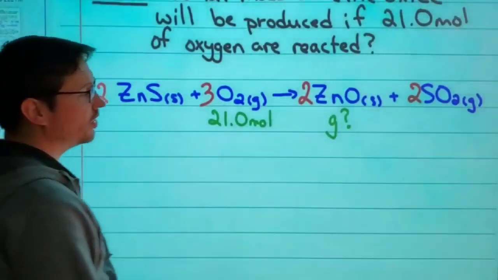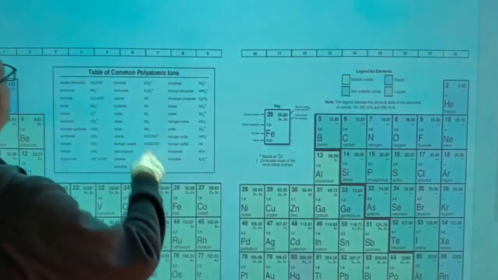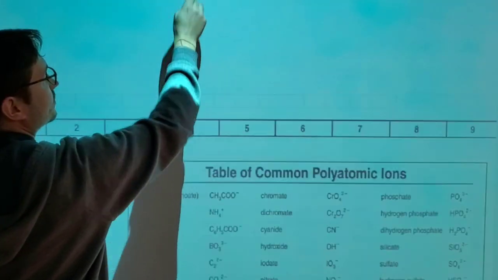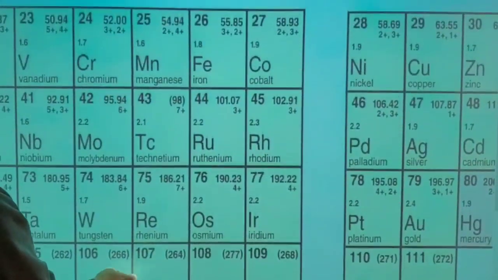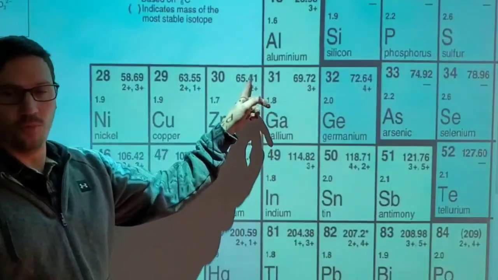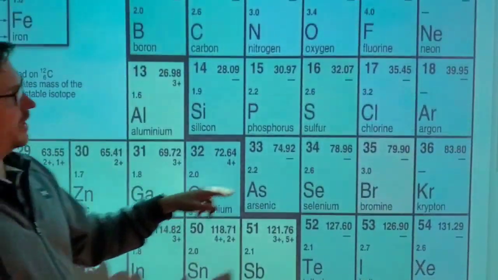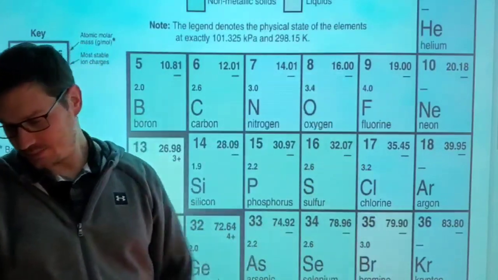So we'll take a look at zinc oxide. We're going to take a look at our data booklet. Zinc is 65.41. Okay, no problem. Oxygen is 16.